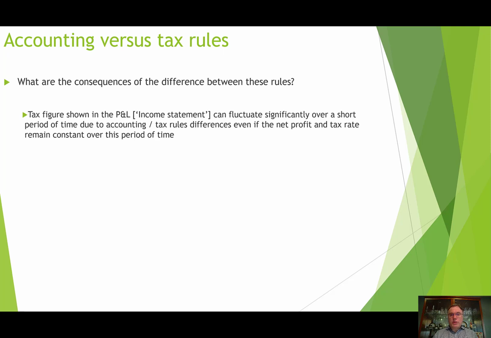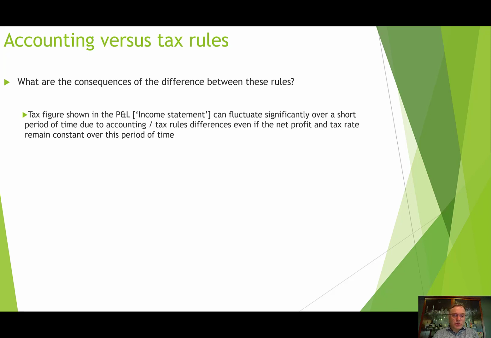So the essential point is that the accounting income, the accounting net profit for a period, and the taxable income for the same period can radically differ. The extent of the difference depends upon the nature of the items contained in the company's financial statements.